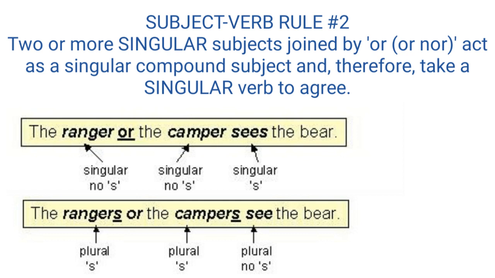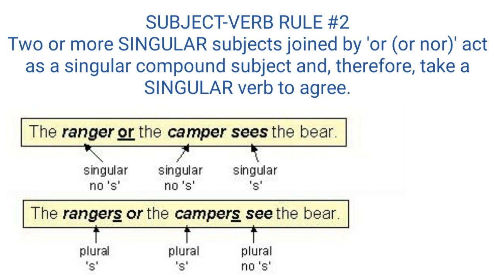Here it is said that while we combine singular subjects by using or or nor, it is considered singular, isn't it? Here or means either this person or that person, so the subject will be singular itself. One person is being denoted. Remember it in such a way.